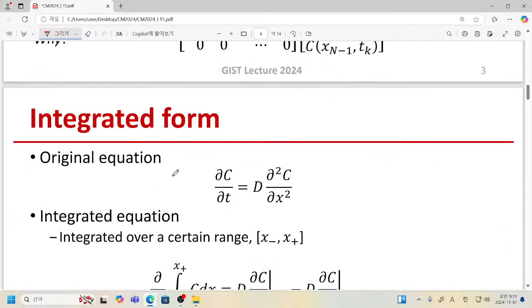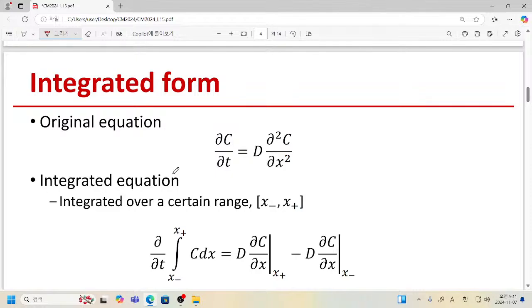Let's just simplify this point. Okay, so please go to this integrated form. In many cases, our equations are written not in their original form, but once integrated over the control volume.